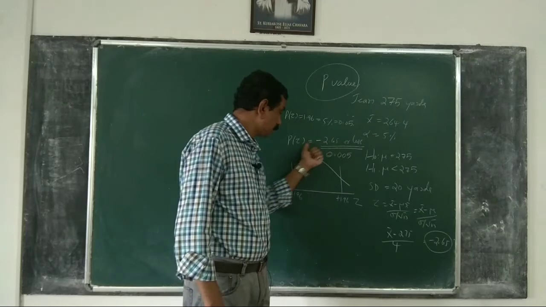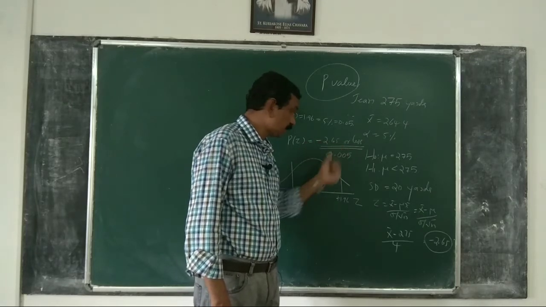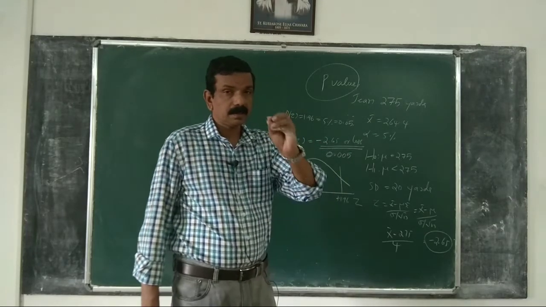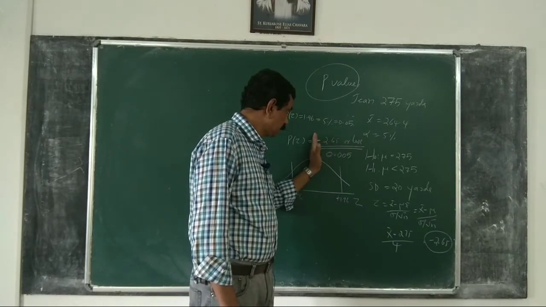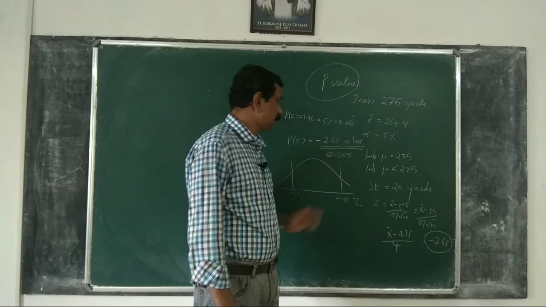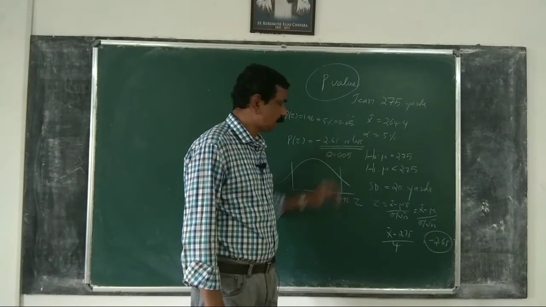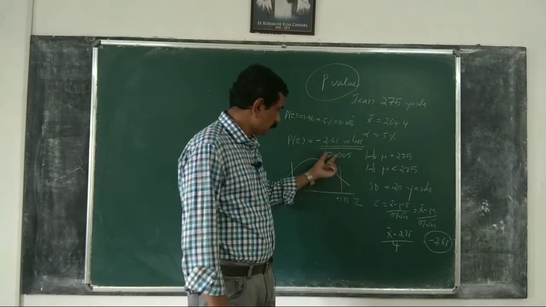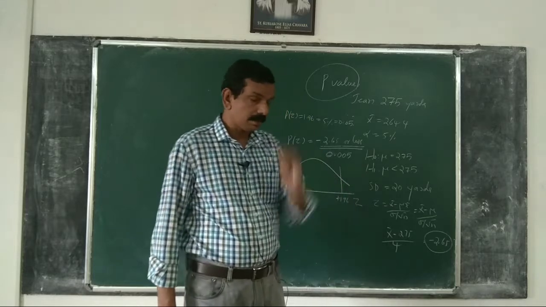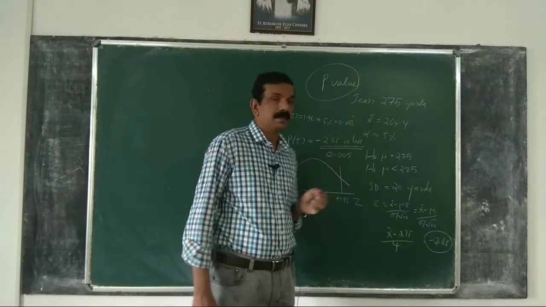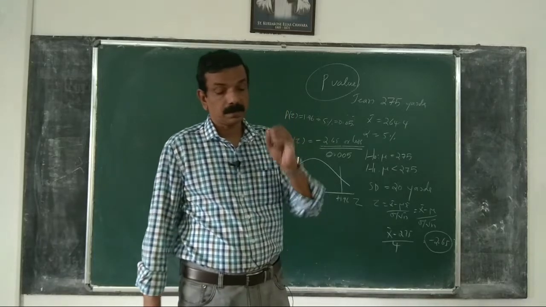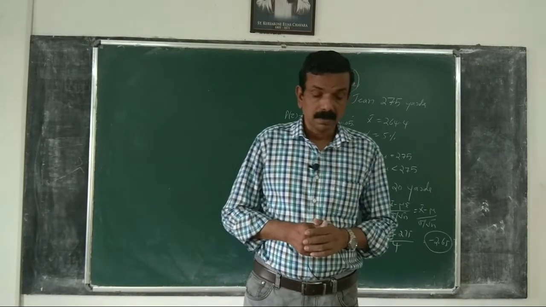The observed value of the statistic is minus 2.65, and the probability of observing it is 0.004. That is the actual probability of getting the observed value of the test statistic, and this probability is known as the p-value.